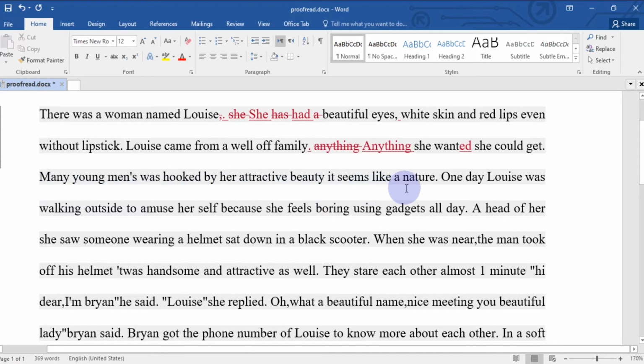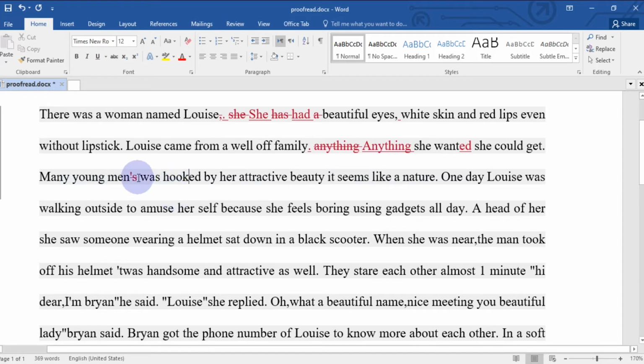It seems like in nature. Okay, first it's men, not men's. Men is the plural form of man. So it should be men. So many young men was hooked.